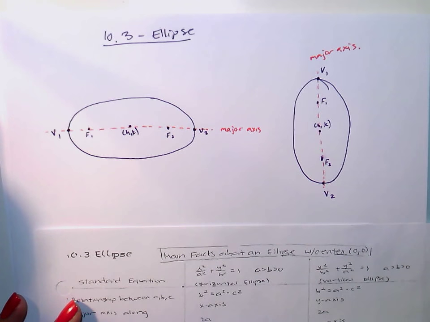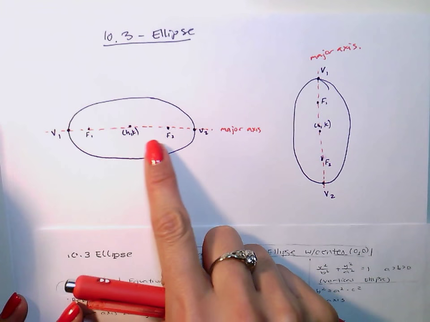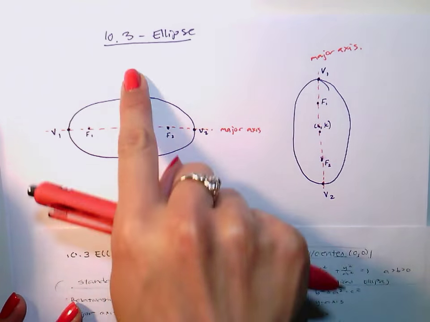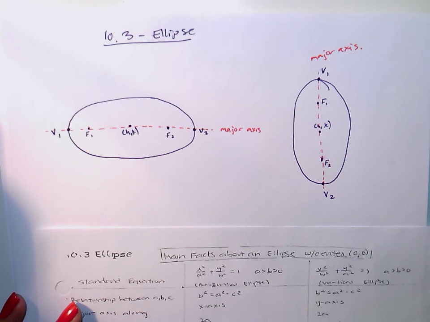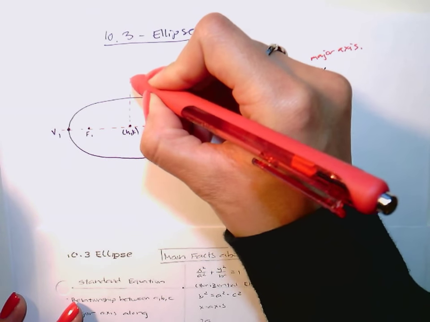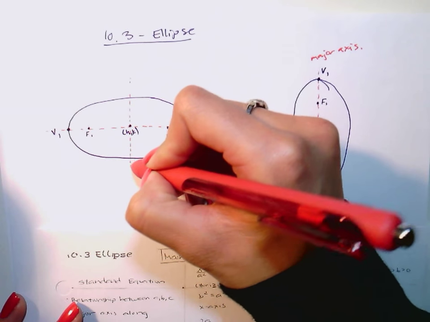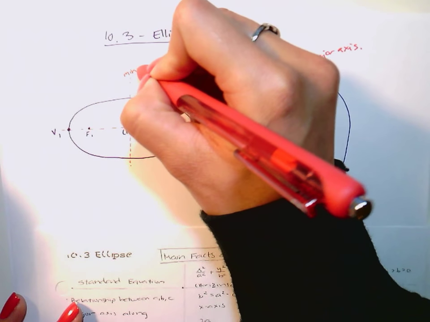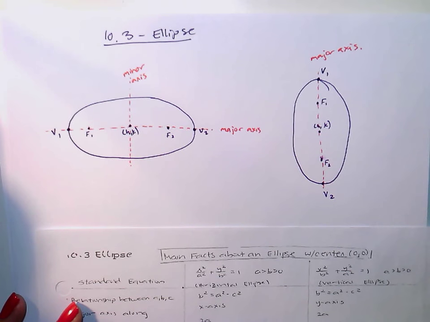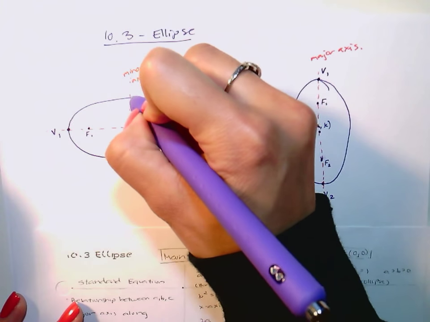So we also have points on the opposite side of the center vertically. Vertically, that would be the minor axis. This line going up and down, perpendicular to the major axis, is called the minor axis. And the points on the minor axis would be these two right here.